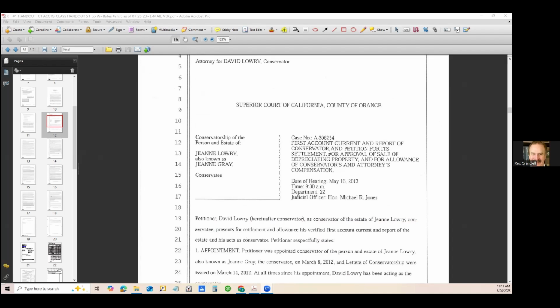In this case, I'm asking for the court to review and, later on down in the prayer, approve what I've done during the account period. So it's going to be the first account and report, petition for settlement, approval of sale, allowance of conservator and attorney fees.